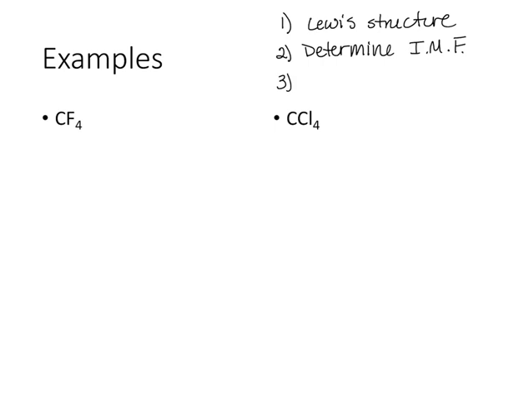Then we will determine which molecule has a higher boiling point. If you want to try this on your own first, feel free to pause the video and then we'll go over it together.